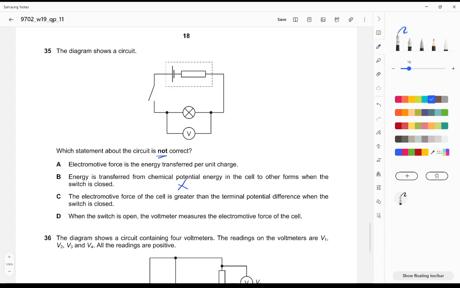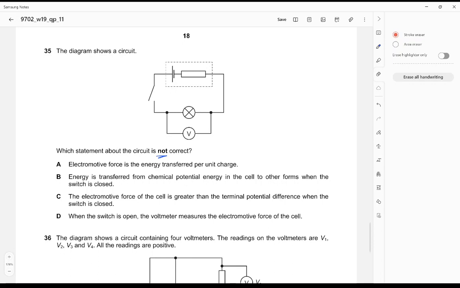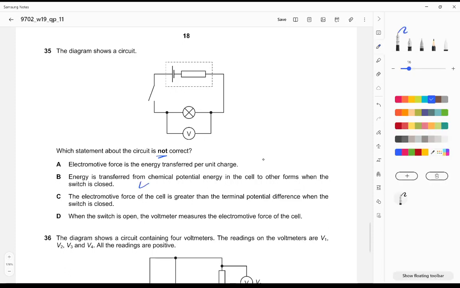About the circuit, energy is transferred from the chemical potential energy in the cell to other forms when the switch is closed. That is also true, by the way. Electromotive force of the cell is greater than the terminal potential difference when the switch is closed.